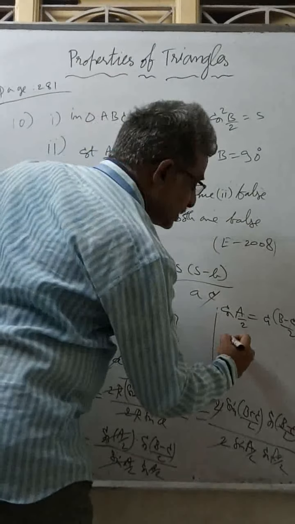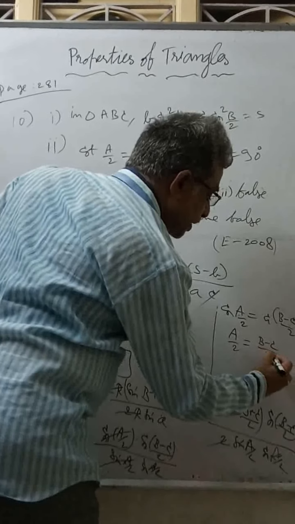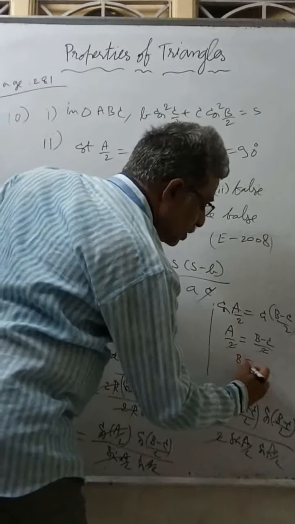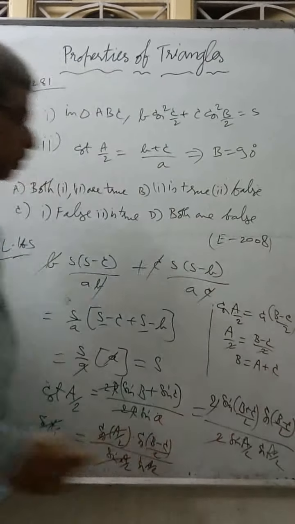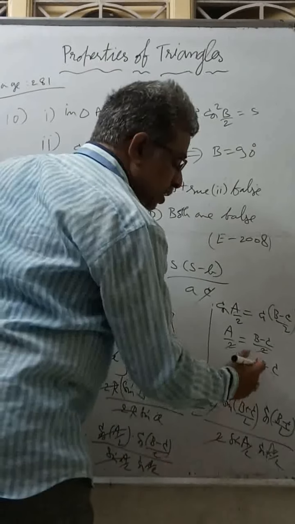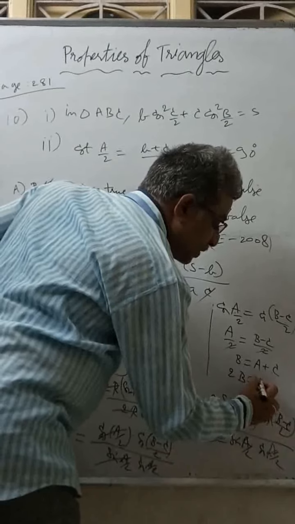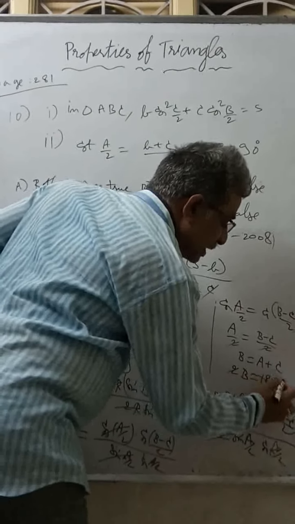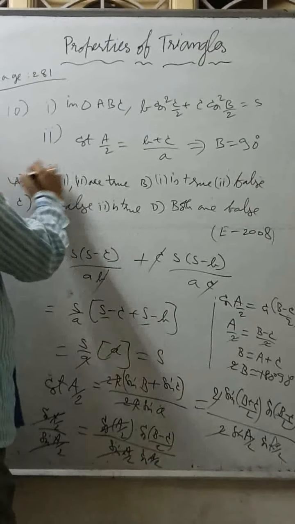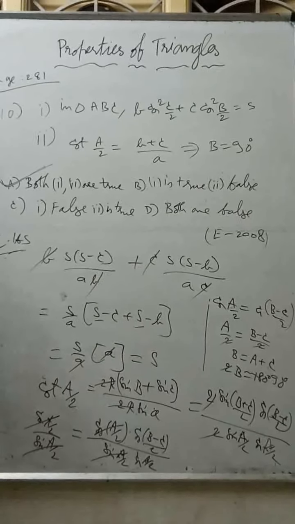So cos cancels, A/2 equal to (B - C)/2, or A equal to B - C, or B equal to A plus C. We know that the sum of three angles is 180 degrees, so A plus B plus C is 180. So 2B is 180, B is 90 degrees. So the second also is 100% right. So both 1 and 2 are correct.